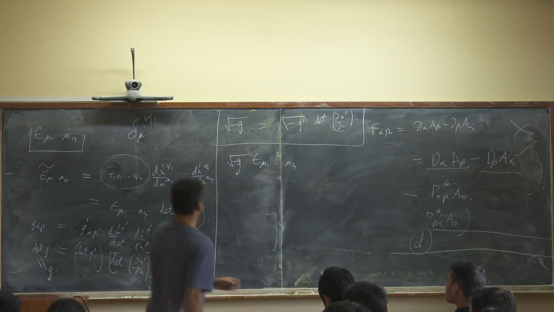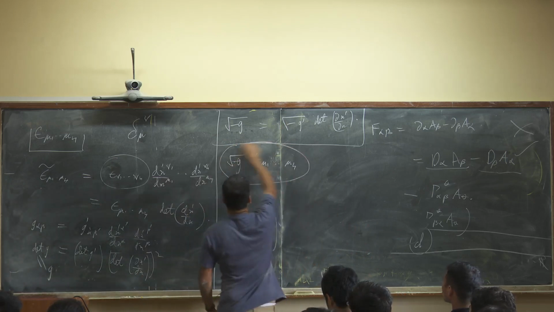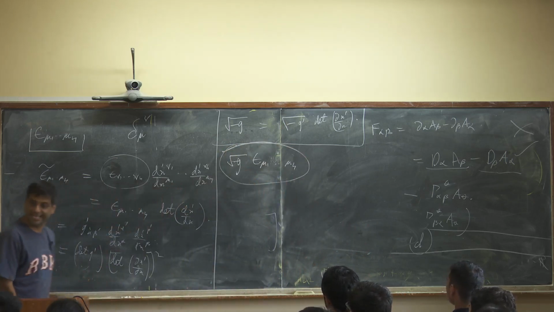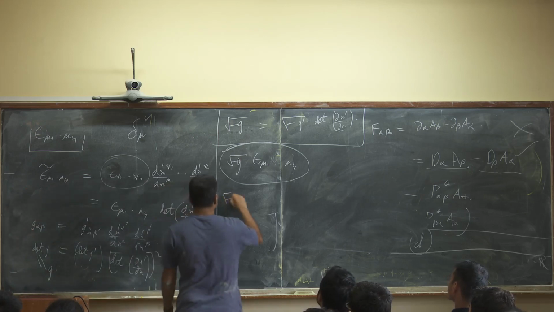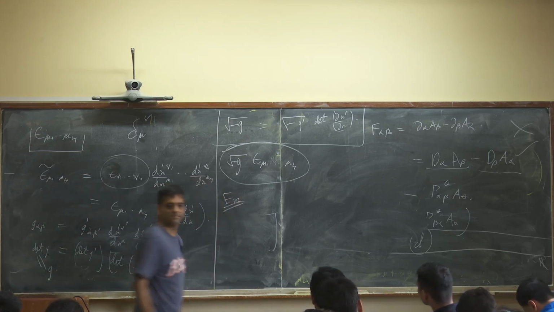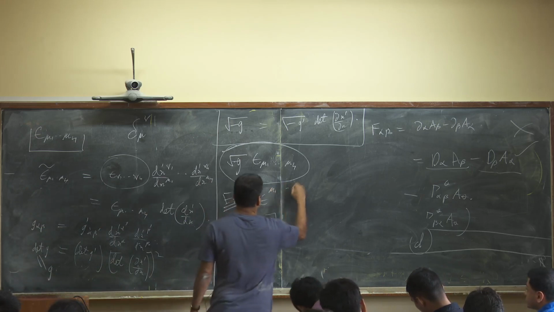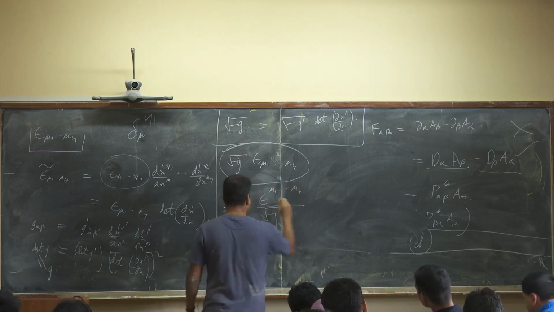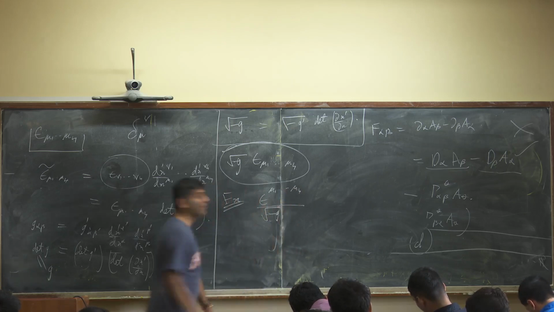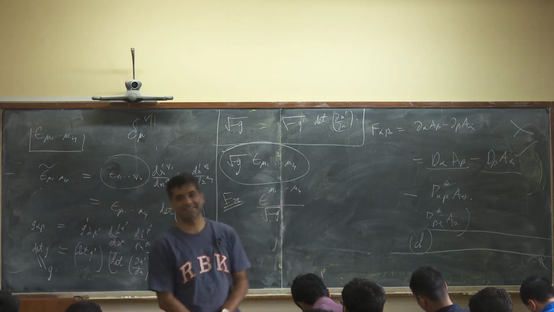This is an interesting tensor. Exercise: check that epsilon mu1 to mu4 divided by square root minus g is also an invariant tensor.